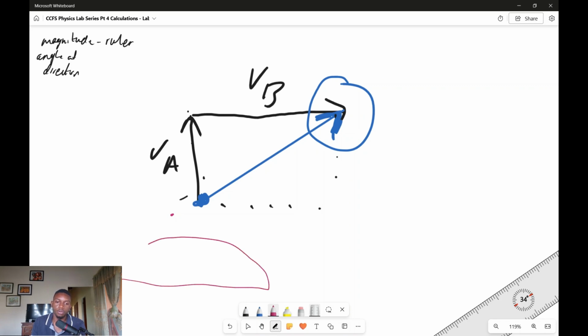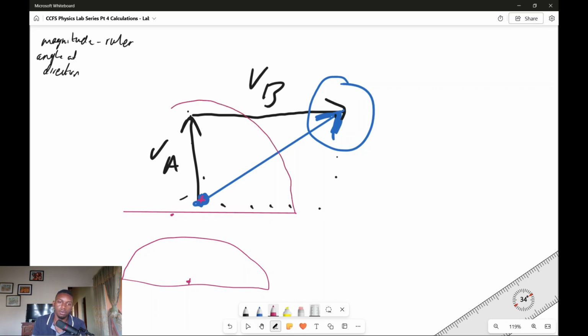This is what the protractor looks like, and the center of the protractor you align at the start of your vector, which is 0. It's going to be a flat line like this, and the semicircle comes around.